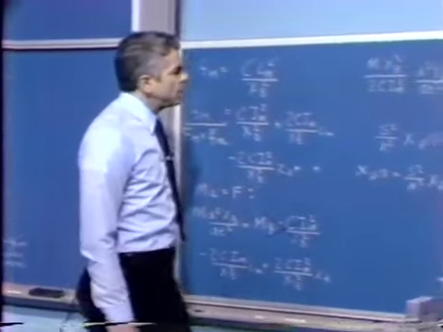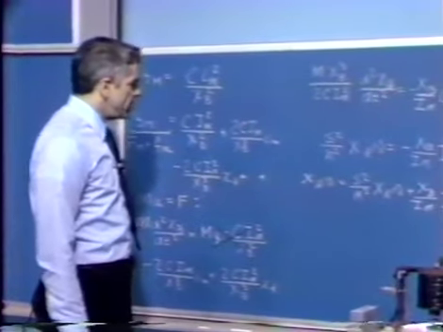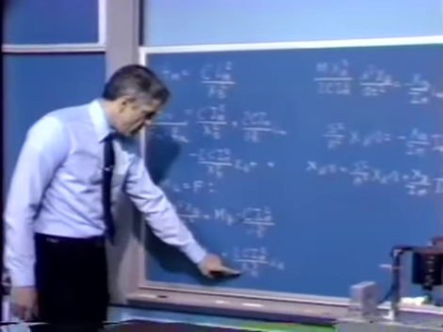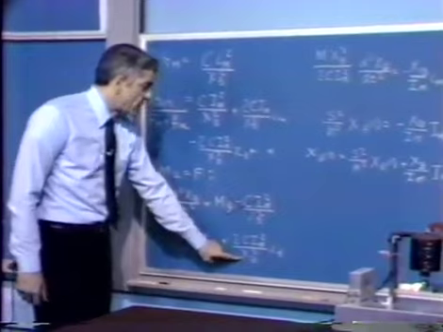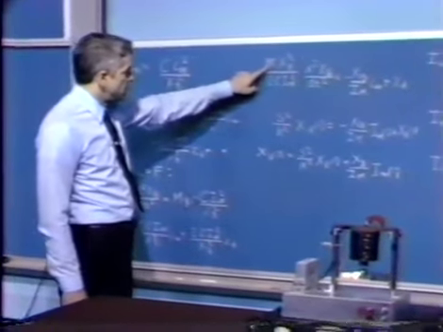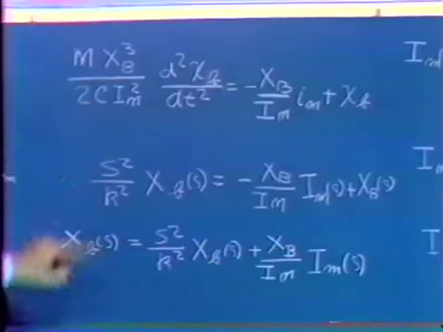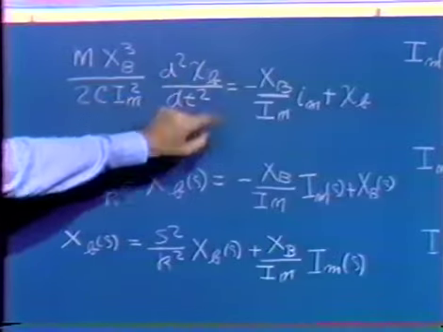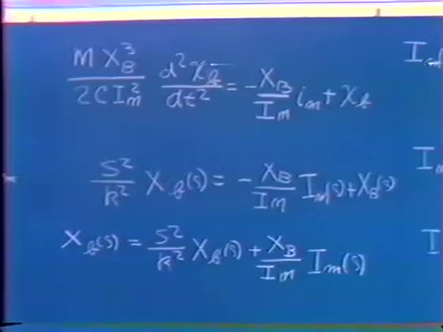We can rearrange the equation in a somewhat more convenient form simply by multiplying through by the reciprocal of this term. And when we do that, we get the equation shown, mxb cubed over 2c im squared, that's the reciprocal of this coefficient, times the second derivative of x sub b with respect to t squared.